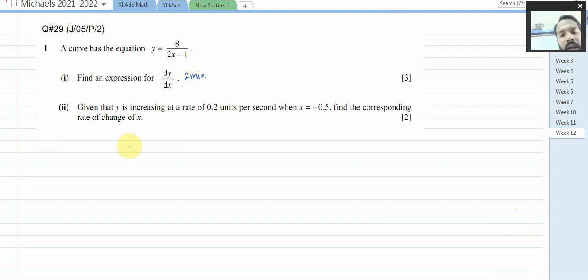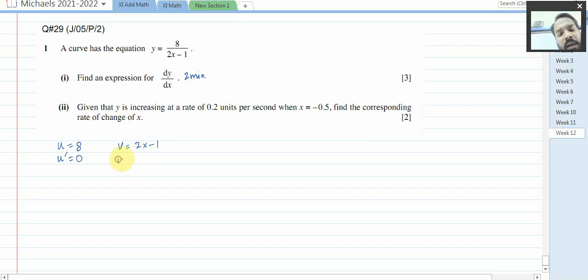Alright, so for the first part you need to apply u upon v here. So u is equal to 8 and the derivative of u will be 0, and v will be equal to 2x minus 1, and the derivative of v is equal to 2. Now we need to apply the working formula here.